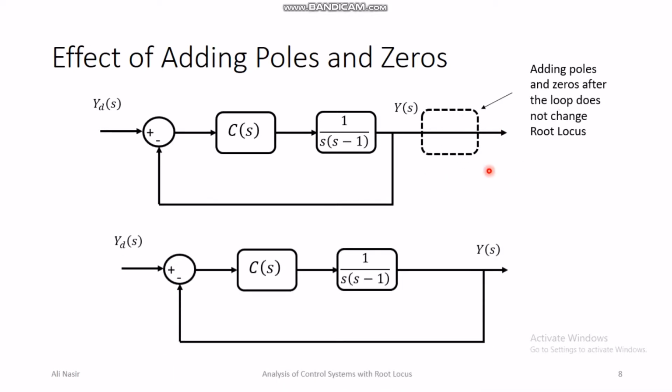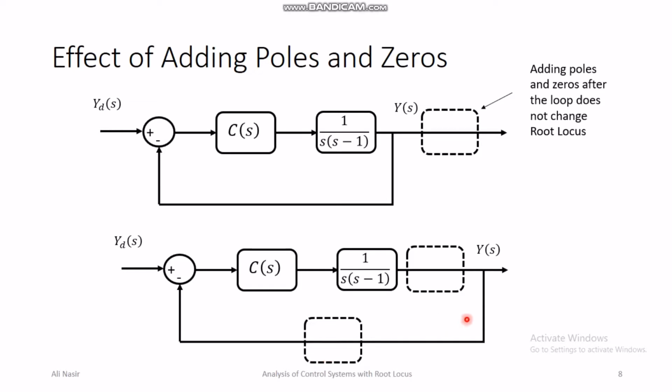But if you add poles and zeros either within the loop, like here or here, so you can think of this as the output disturbance. This is the disturbance which is within the loop. And this is maybe sensor noise or transfer function of the sensor.